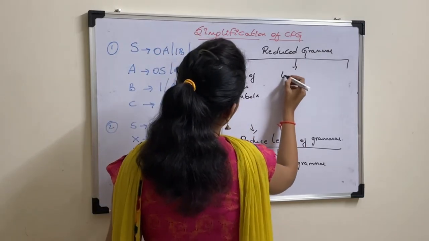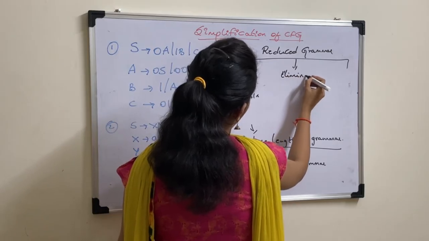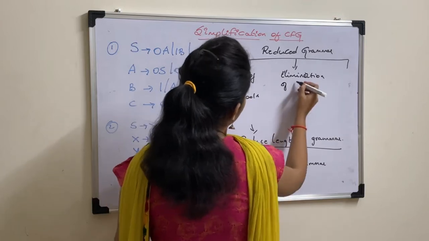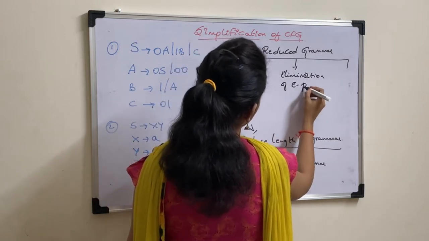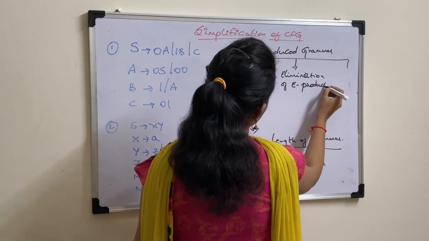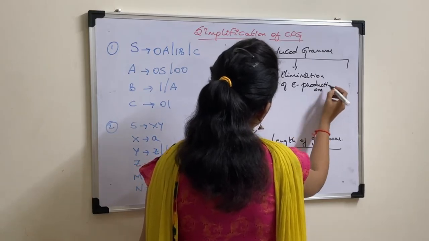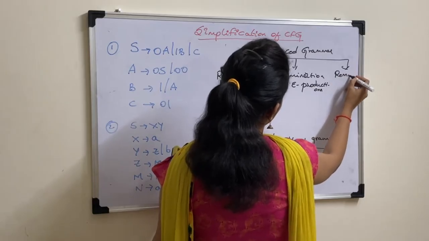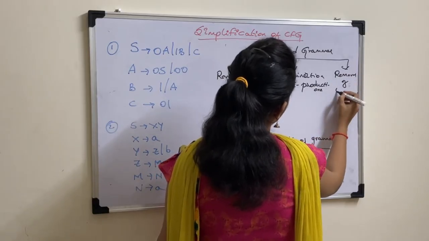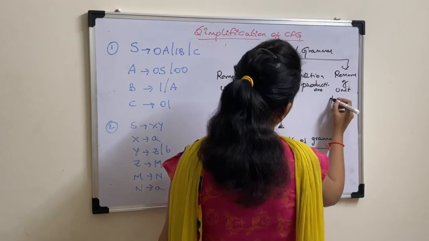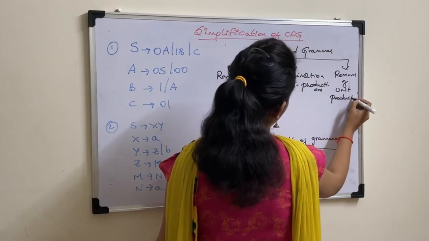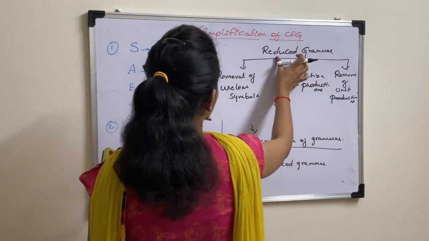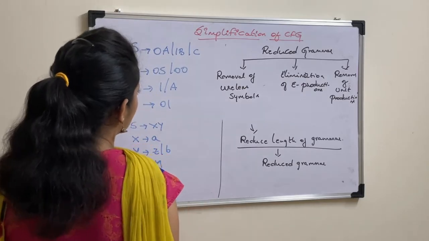Next, elimination of null productions or epsilon productions from the grammar, and third one is removal of unit productions. By applying all these three methods, you can reduce the given grammar.